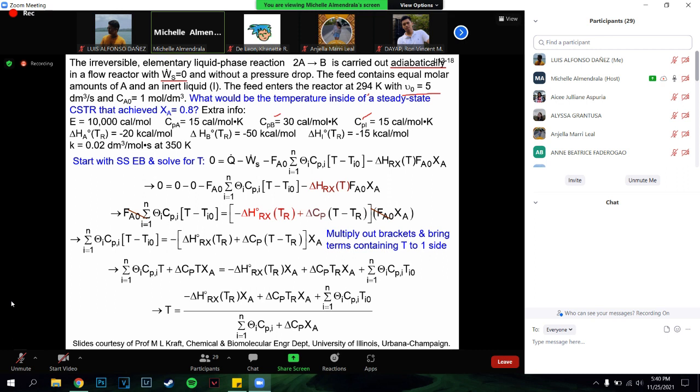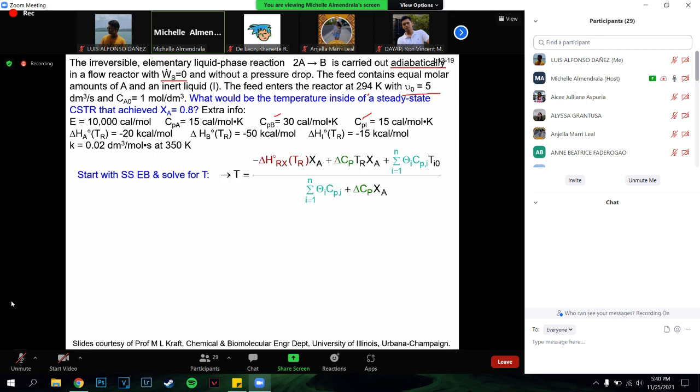Okay, again, this is the temperature-X relationship. And so again, identifying the components of this equation. Let's start with delta Cp for the reference temperature at XA. So delta Cp again.